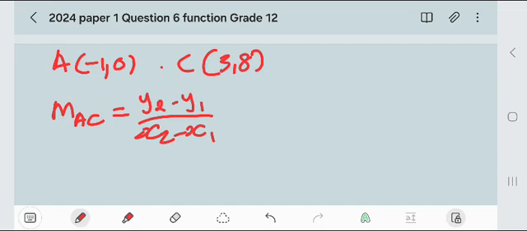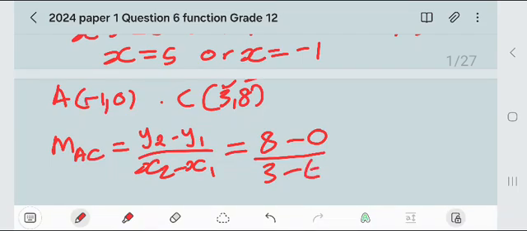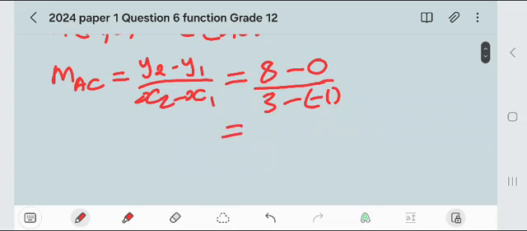So y2 is 8 minus 0, over x2 is 3, x1 is negative, so that will be -1. You put the brackets like that, punch that on your calculator, and it simply equals 2. The gradient is 2.